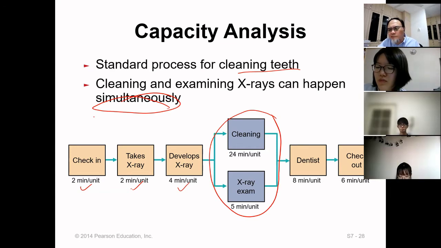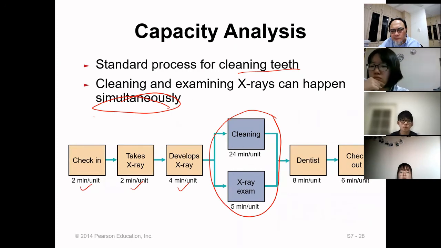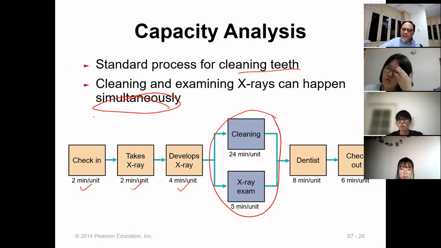But what is the throughput? Yusuke, what is the throughput? Throughput is the total time to complete the process. Anyone who wants to tell me the throughput time? 51 minutes.